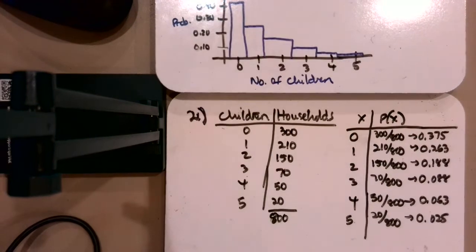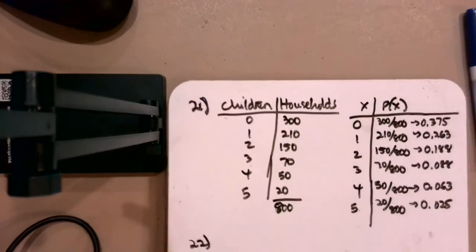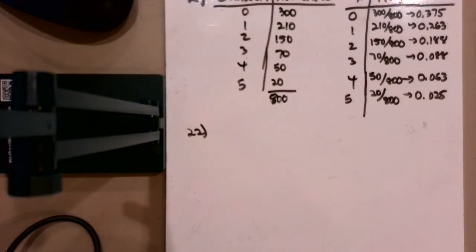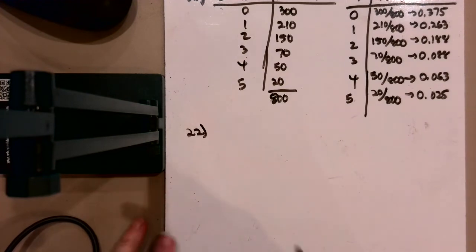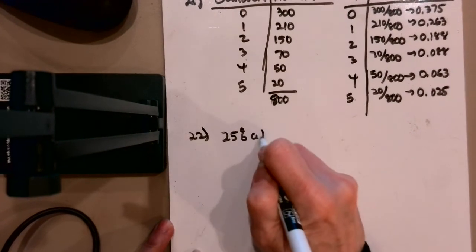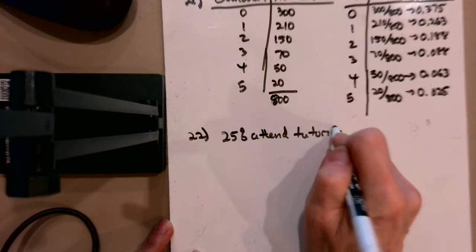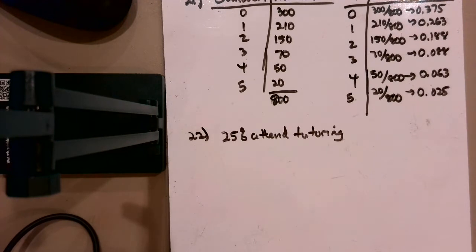All right, so question 22. From past records, a teacher finds that 25% of her students attend tutoring sessions. She checks the records of 6 students to see if they attend tutoring sessions. The random variable represents the number of students who attend tutoring sessions.